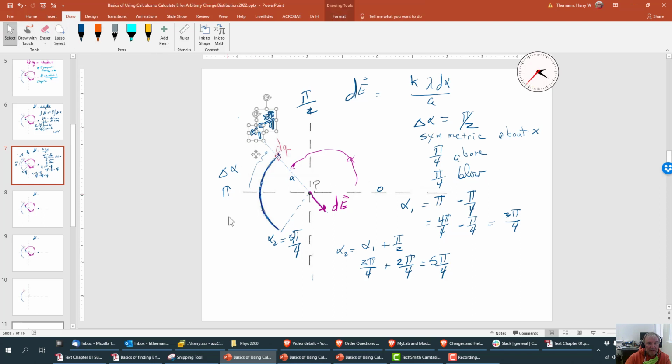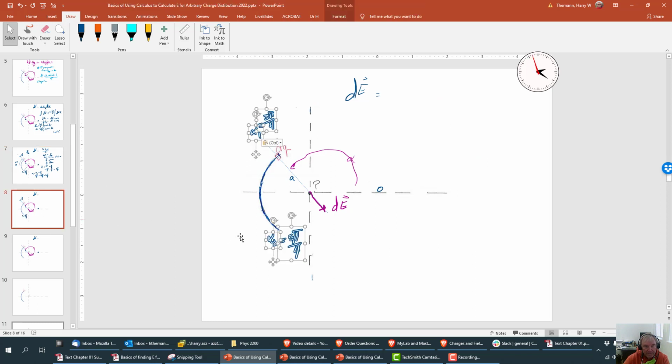Alpha 1, alpha 2. I don't know how to unselect something. So that's Control C. We'll put it here.